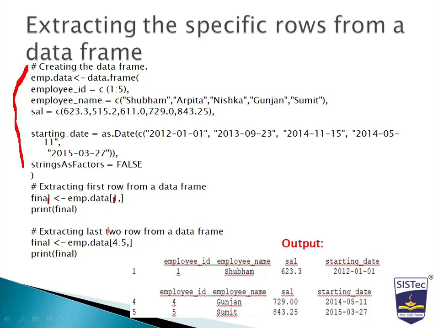Then if we want to check the last two rows, we use final with the sequence 4 to 5, meaning the fourth and fifth entries, so we skip the second and third entry. As a result, the single row is employee number 1 Shubham, their salary, starting date. Similarly, for the last two entries 4 and 5, employee ID 4 and 5 are Gunjan and Sumit with the respective details. So this way we fetch the data based on the row.